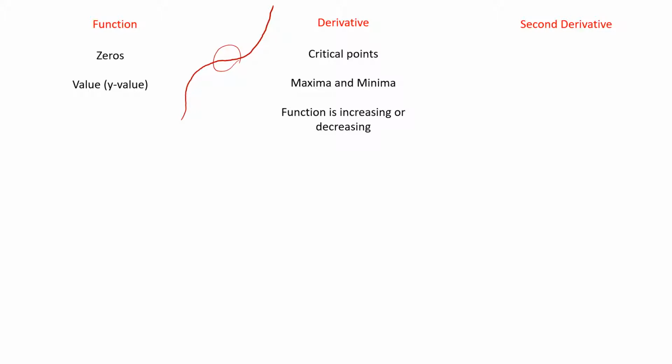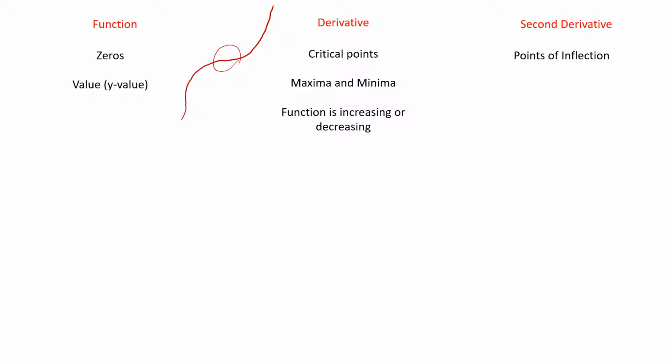And then we have the second derivative. The second derivative gives us points of inflection. The points of inflection are the critical points of the second derivative, when it equals 0 or does not exist. That's when it could happen, but really it's when the second derivative changes from positive to negative or negative to positive.